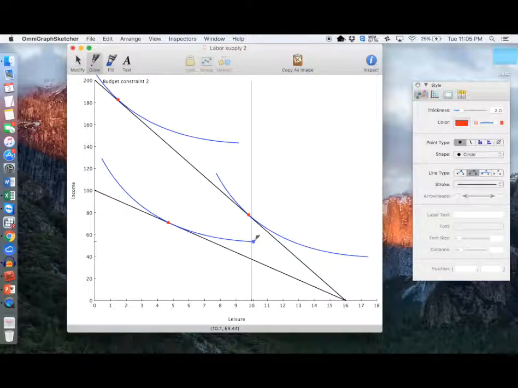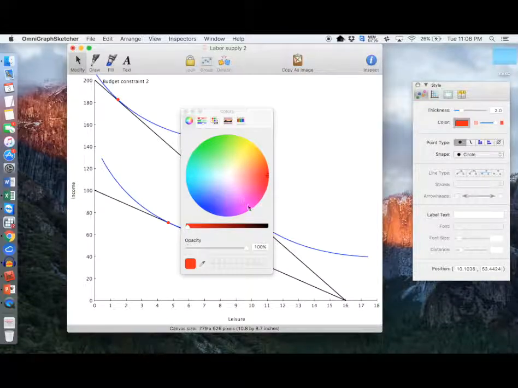So if we think of a point like this point versus a point like this point, so I'll make these both pink.